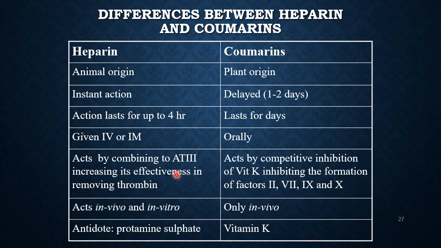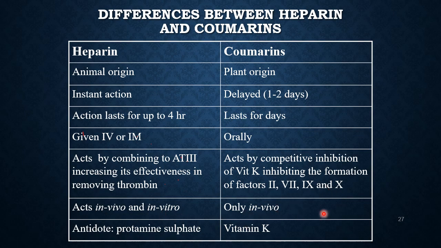This is the mechanism of action. Heparin will combine with antithrombin 3 and increase the effectiveness of antithrombin 3 in removing thrombin. The coumarins, on the other hand, will act by competitive inhibition of vitamin K. So vitamin K is inhibited, and then we inhibit the formation of factors 2, 7, 9, and 10. Heparin acts in vivo and in vitro.